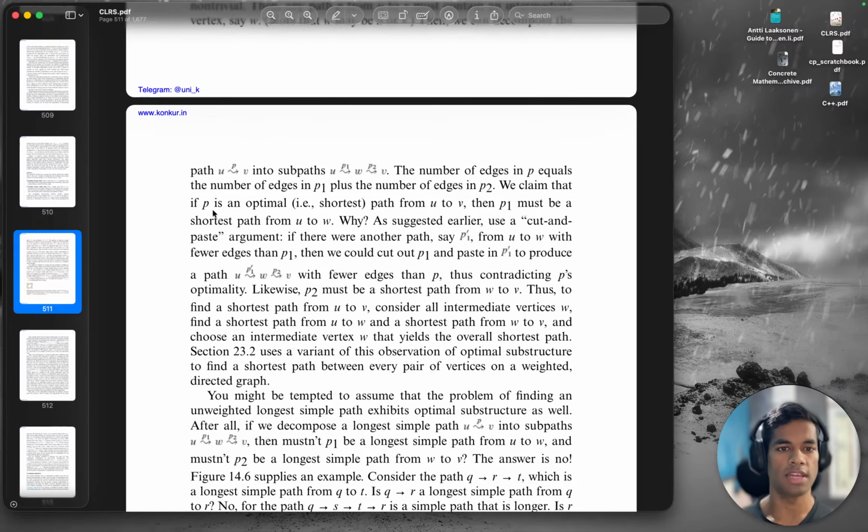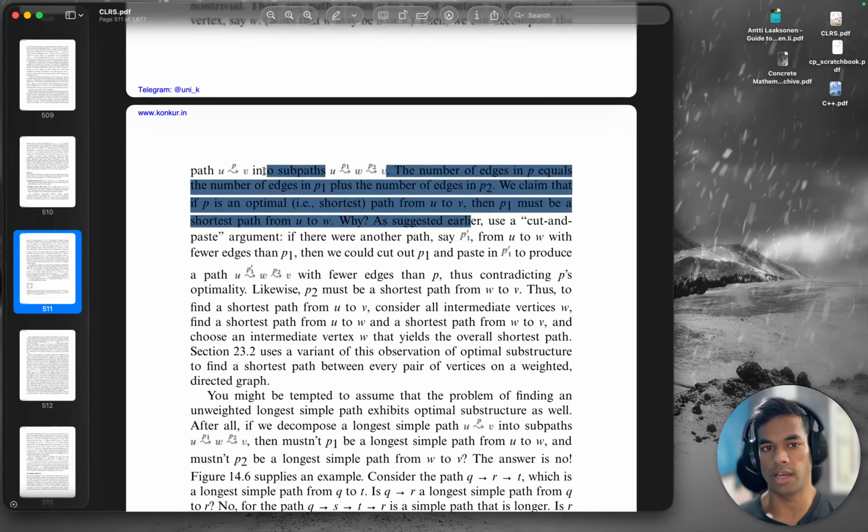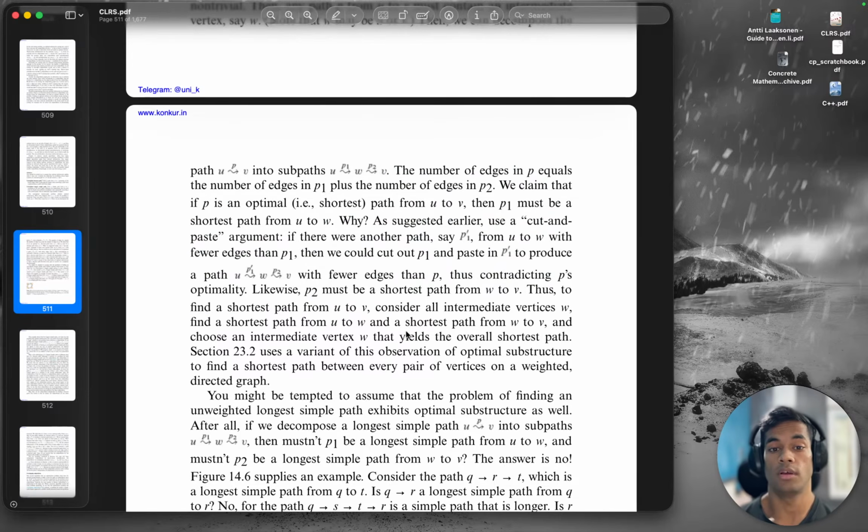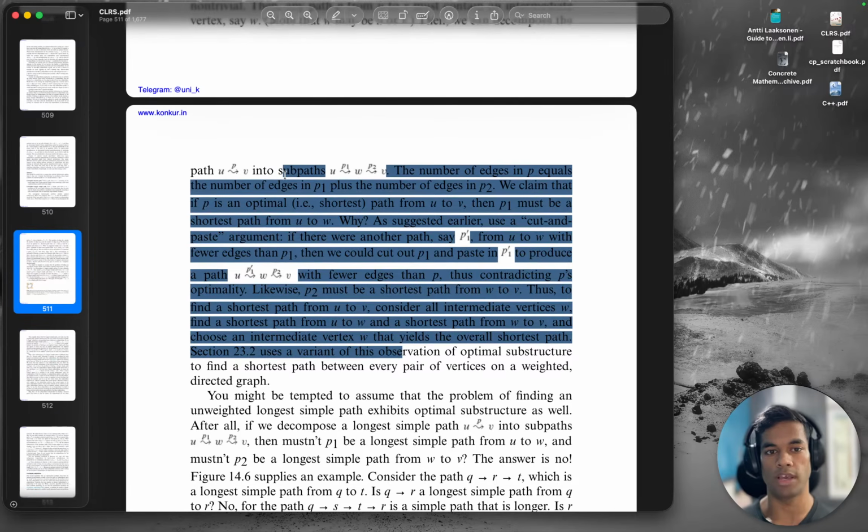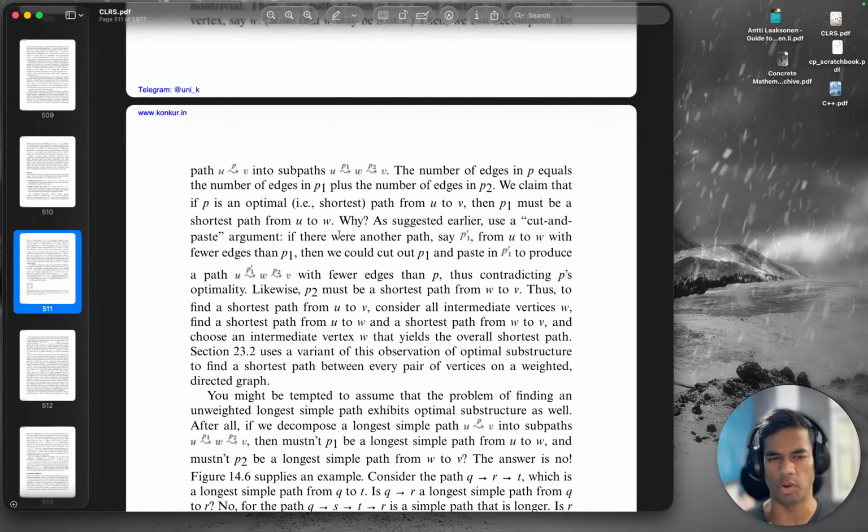We claim that if p is an optimal, that is shortest, path from u to v, then p1 must be a shortest path from u to w. Why? Because if it is not, then by contradiction we do not have the optimal solution to our bigger problem, and we could have found a better solution to our bigger problem if we had chosen the optimal solution to the smaller subproblem.